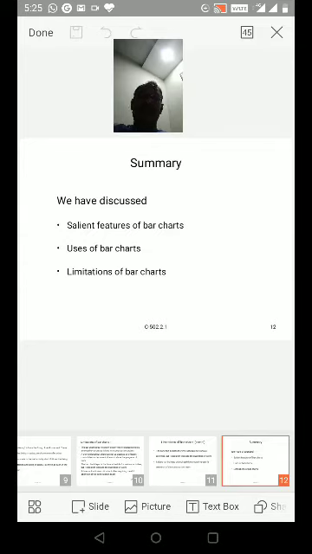Another use of bar charts: they are also helpful for managing the dependencies between tasks. So, what are the uses of bar charts? Bar charts are a type of graph used to display and compare the number, frequency, or other measures for different discrete categories of data.